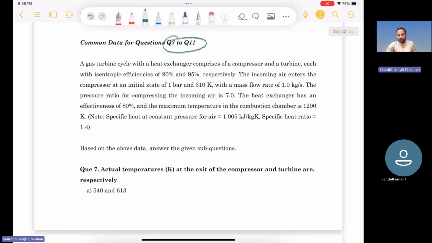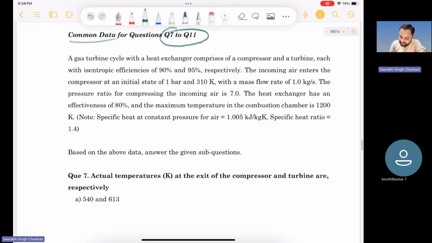Okay, so coming to question number 7, let us read the common data. A gas turbine cycle with a heat exchanger comprises of a compressor and a turbine, each with an isentropic efficiency of 90% and 95%. So this means that compression and expansion in turbine are not isentropic.